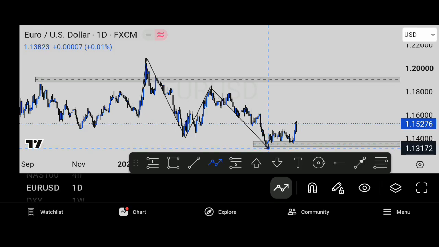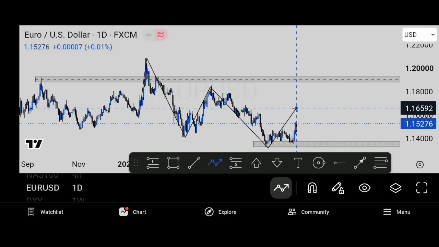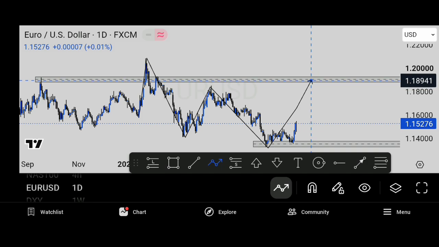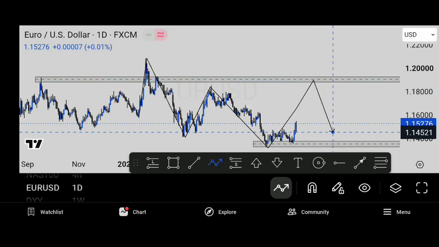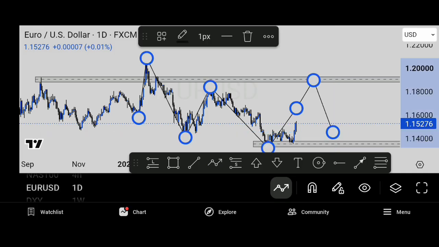So now we'll be expecting the market to create a lower high, right, and continue moving to the downside, or possibly come back here to give us like another touch of the zone, of this resistance zone, and then start moving to the downside. So we don't know what's gonna happen, right? We just need to continue following price.